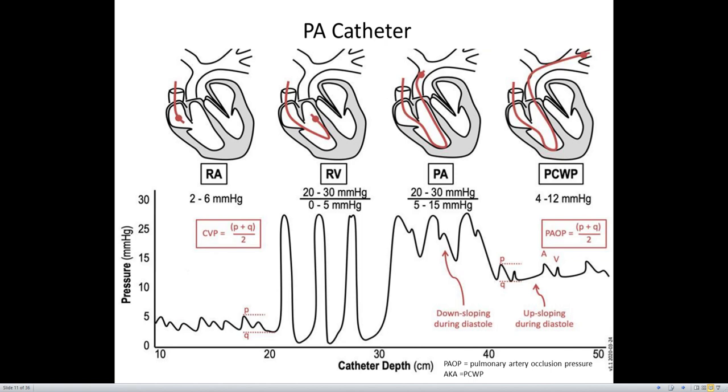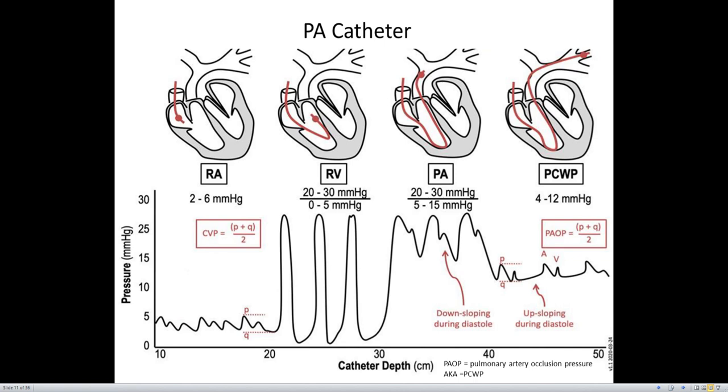Normal right atrial pressure is between 2 and 6 millimeters of mercury, and you can see that pressure down at the bottom represented, it looks like about 2.5 to 5 millimeters of mercury relative to the heartbeat at that time.